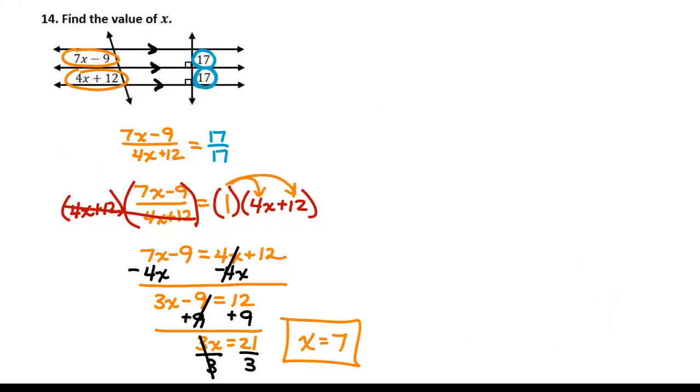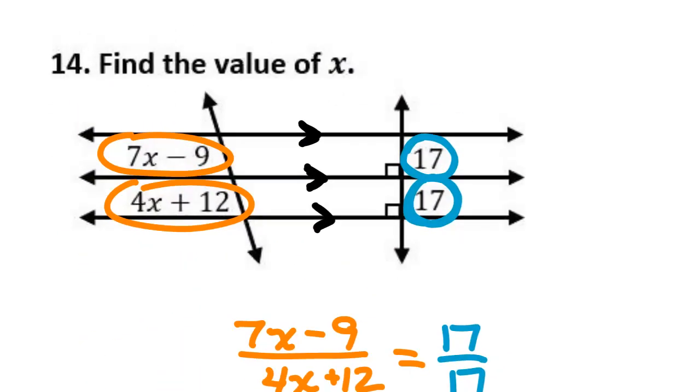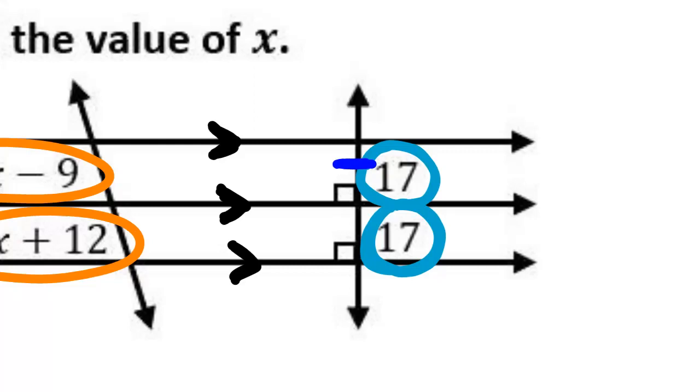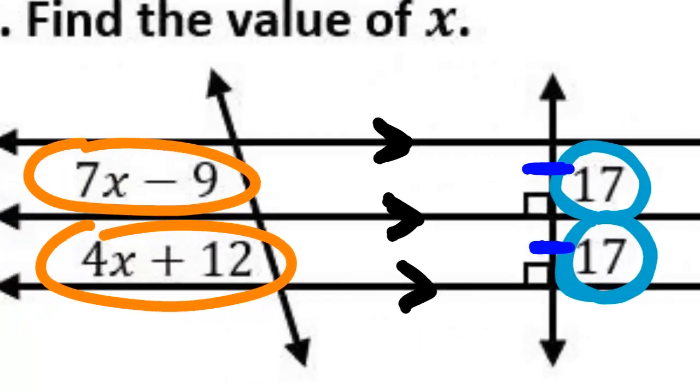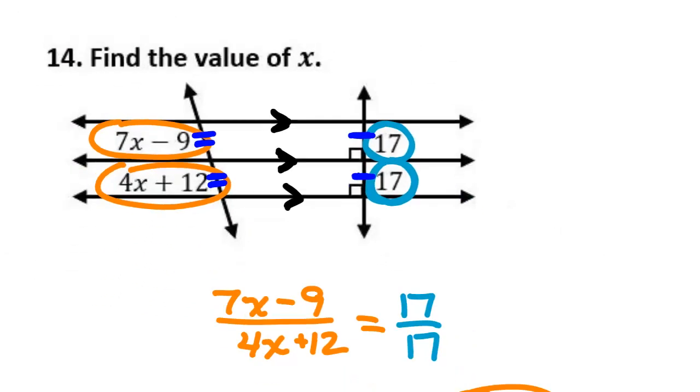So I said this was one way to set it up. There's another way that we could set this up. If you had noticed at the very beginning, which I'm sure a lot of you did, that the 17 and 17 are the same, so that means these two are congruent segments. If on one transversal the segments are congruent, that means the segments on the other transversal are also congruent.